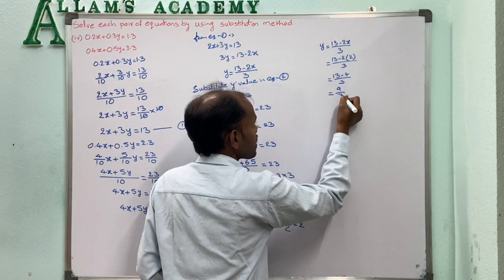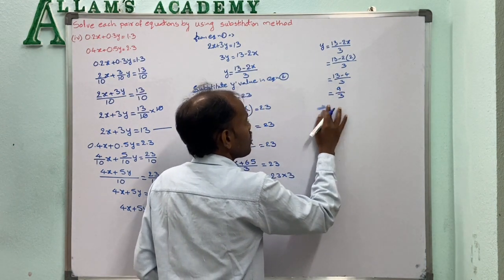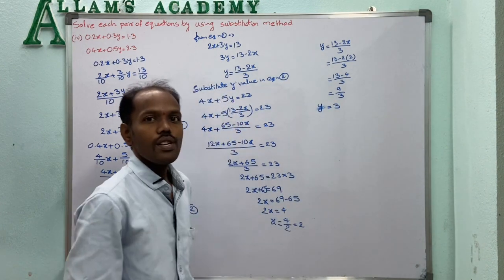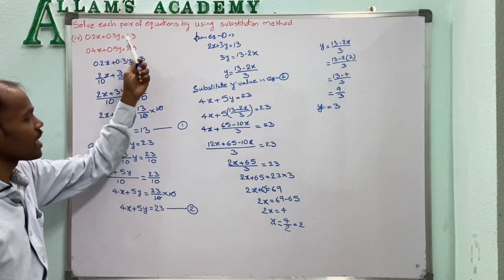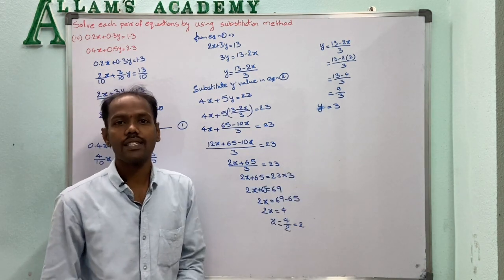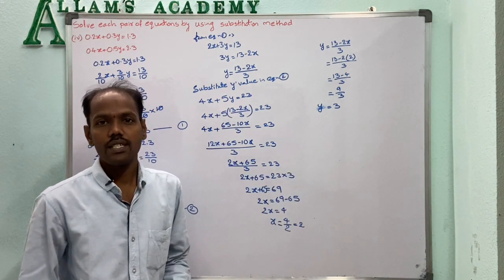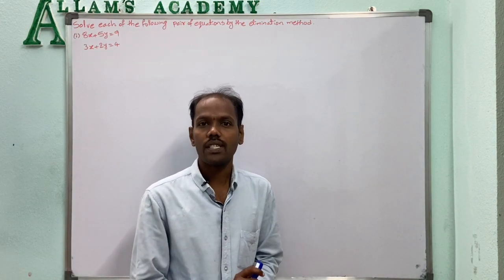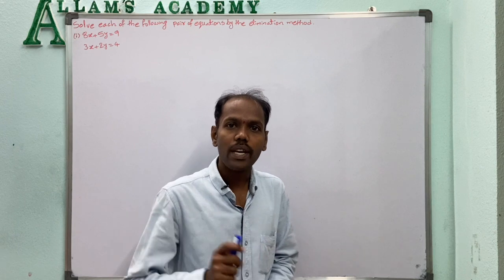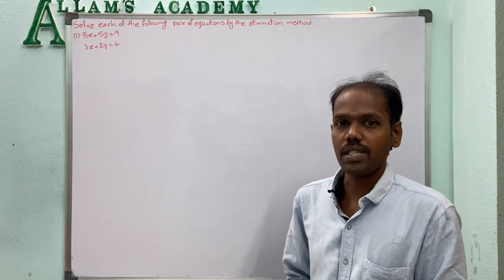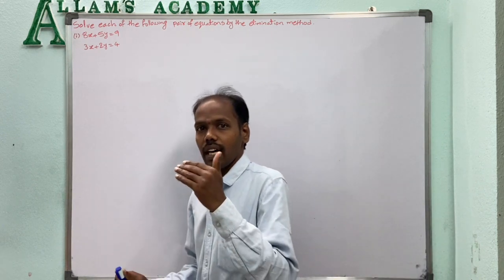So 9 by 3 equal to 3. So the y value is nothing but 3. So for this pair of linear equations, we get x value as 2 and y value as 3 by using substitution method.